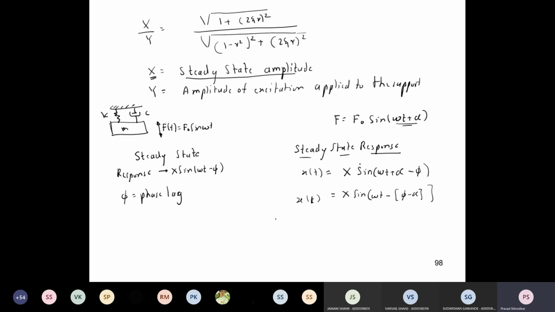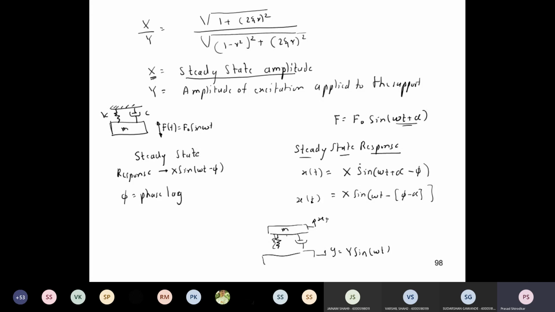Now if you see your example, you have a mass, and this is moving with x is equal to X sine (omega t minus phi minus alpha), and it is attached to a spring and a damper at the support, and the support is moving with y is equal to capital Y sine omega t.